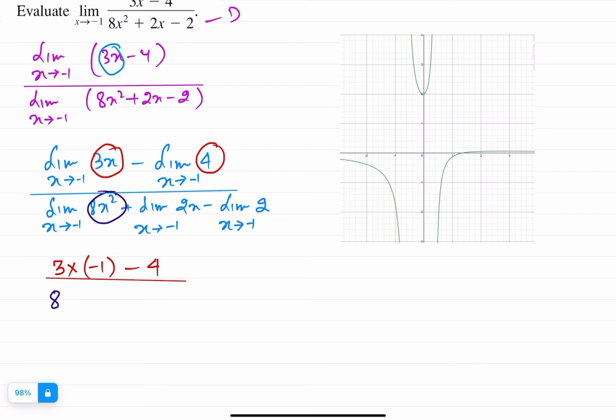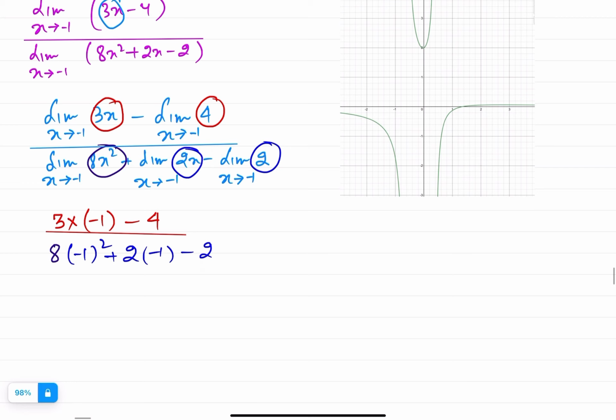Here it is approaching -1, so we will put -1. In this, 2 is a constant number, taking it outside, and x is a linear function approaching -1, so the limit will be -1. And the last one is a constant function, so it will be equal to 2.